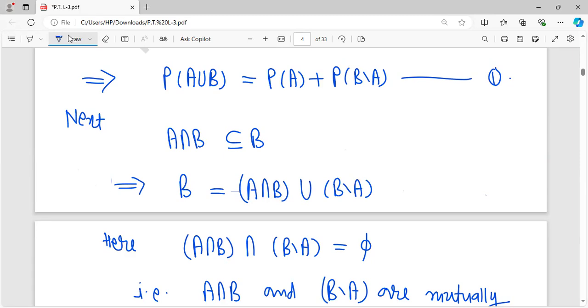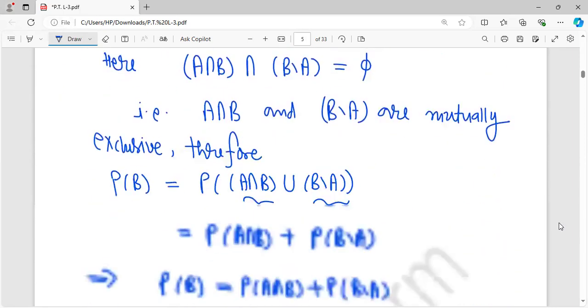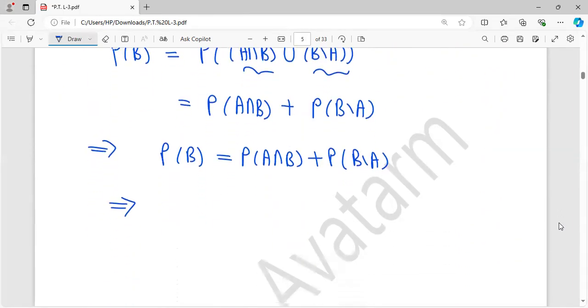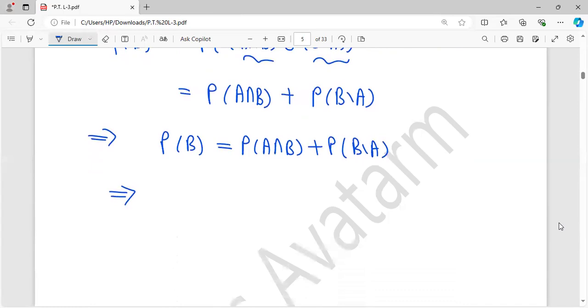It means A intersection B and B minus A both are mutually exclusive. So therefore we have this one. So we solve for B minus A.